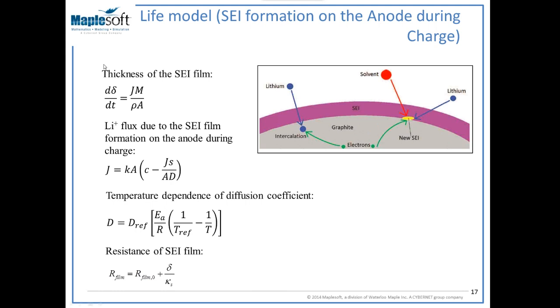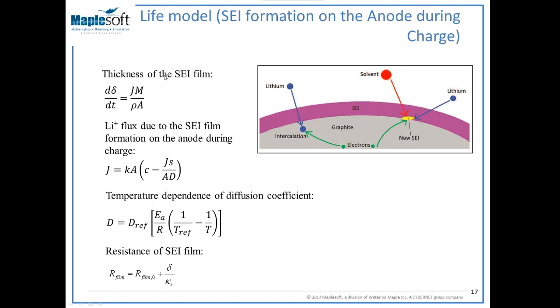The state of health or the degradation of the battery is believed to be caused by the formation of the so-called SEI layer. SEI stands for solid electrolyte interface layer. This layer is formed on the anode of the battery during the charge process.